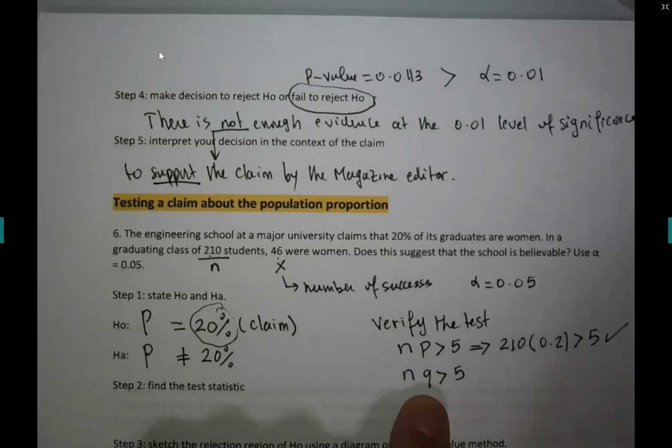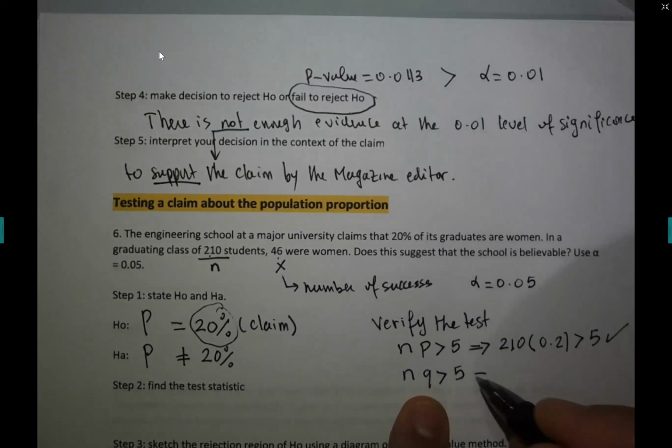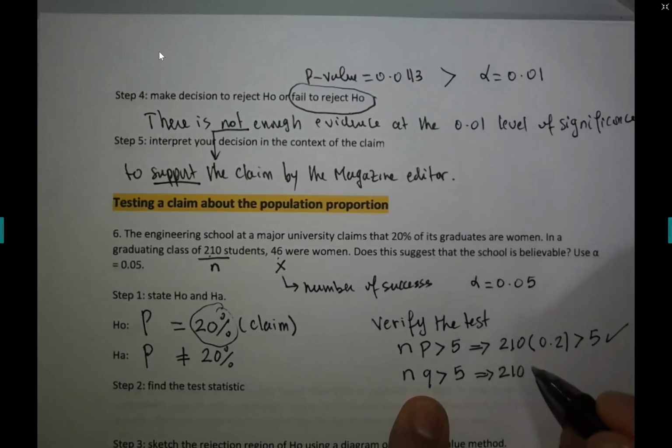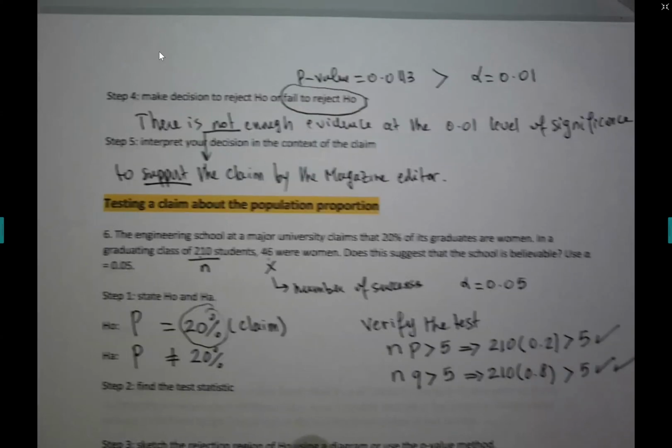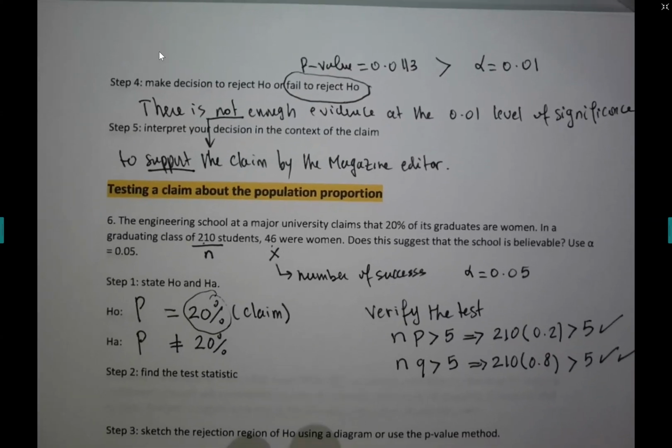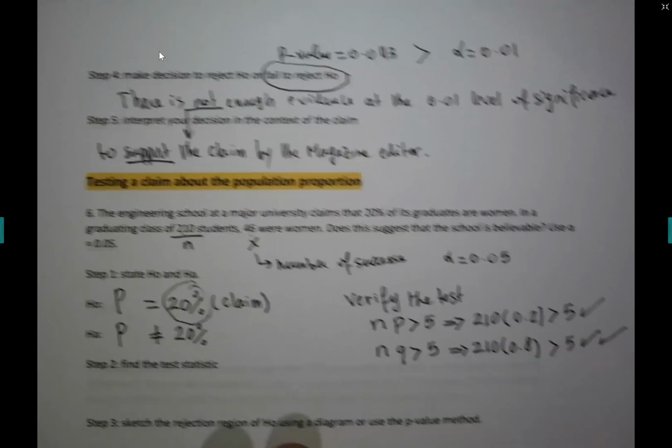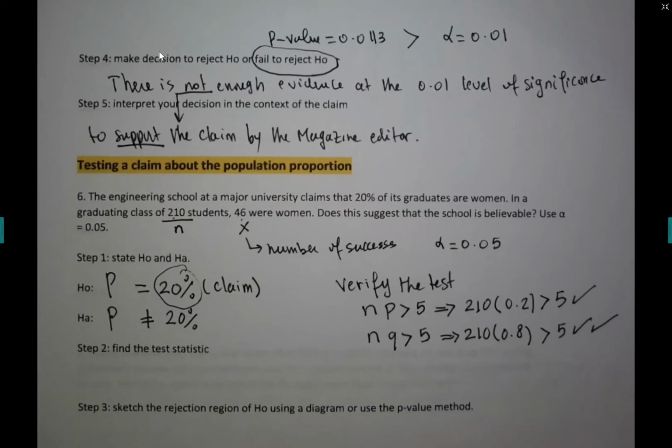Does anyone know what Q is? Wouldn't that be 80%? 80%, exactly. And this is bigger than 5 as well. Since the two conditions are verified, we're going to go ahead and perform the test. However, if there is no question asking you to verify, just go ahead and show the steps.